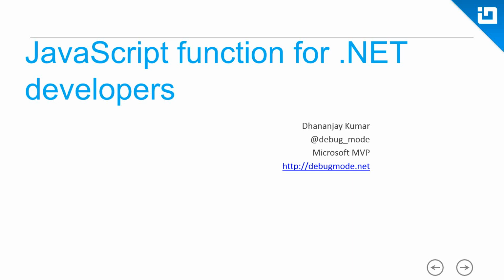JavaScript does not have the concept of classes, but everything in JavaScript is an object. So JavaScript is a very loosely typed language, and it is not an object-oriented language. So people who are coming from a .NET background find it a bit mysterious, a bit ambiguous while working with JavaScript.